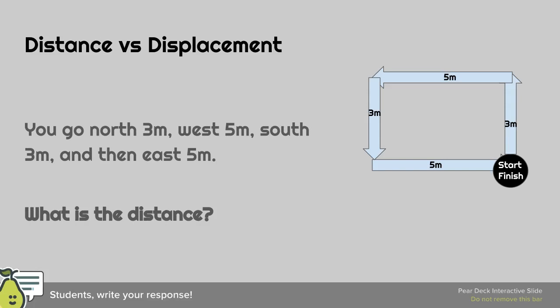Let's try another one here. What's the distance if you go, so remember, I'm going to use north as going up, start and finish. So here's the start. Notice the start and finish is the same place. From the start, we're going north 3 meters, this direction.